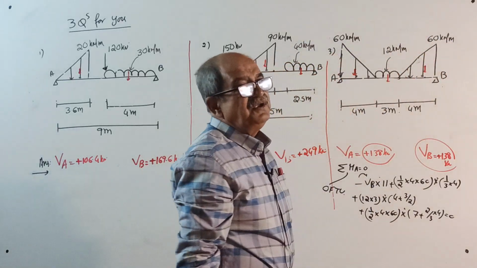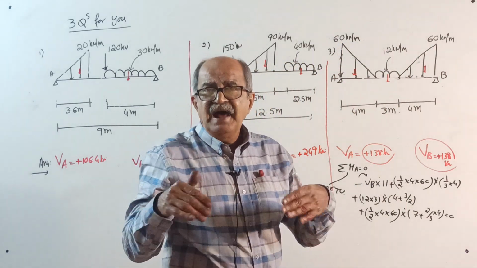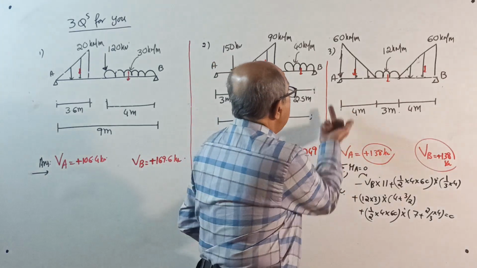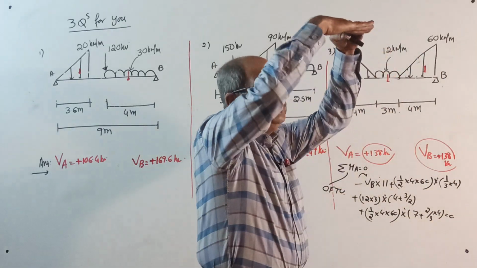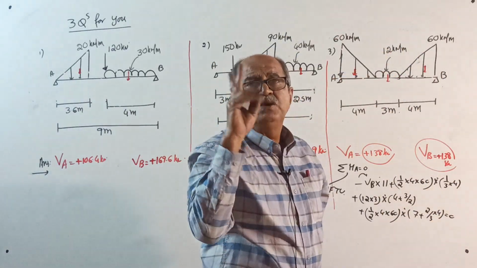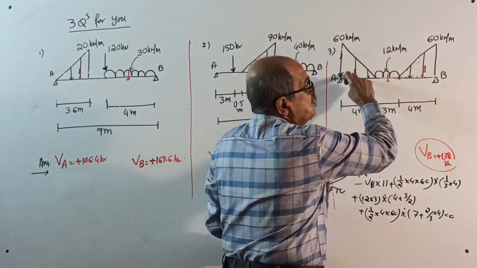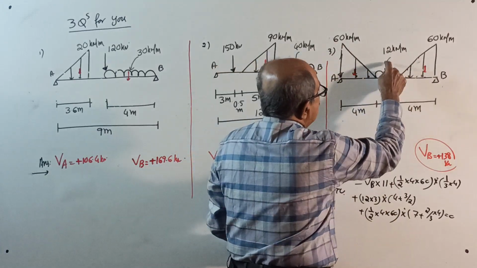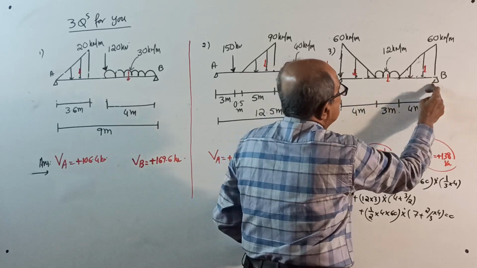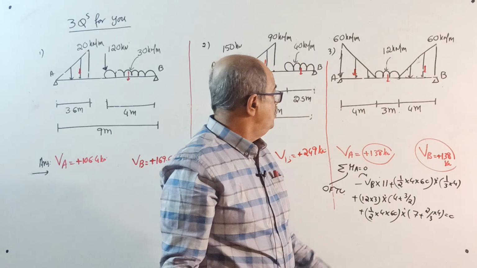Therefore, you need not apply sigma M, sigma V. Directly you can write VA equal to VB equal to total downward load divided by 2. Half into 4 into 60, you can do into 2. Okay, half into 4 into 60 plus 12 into 3 plus half into 4 into 60. Whatever is the total load divided by 2, you get the reaction.